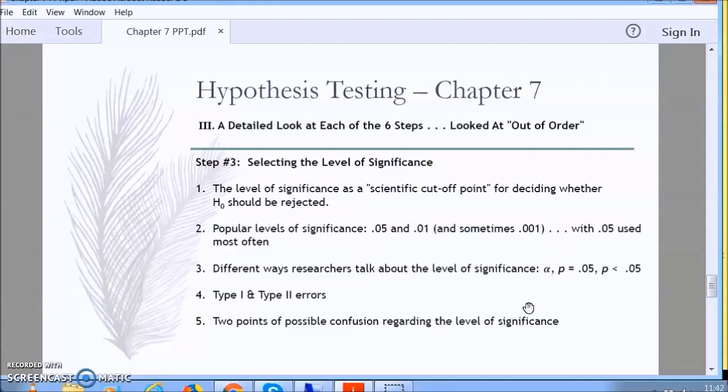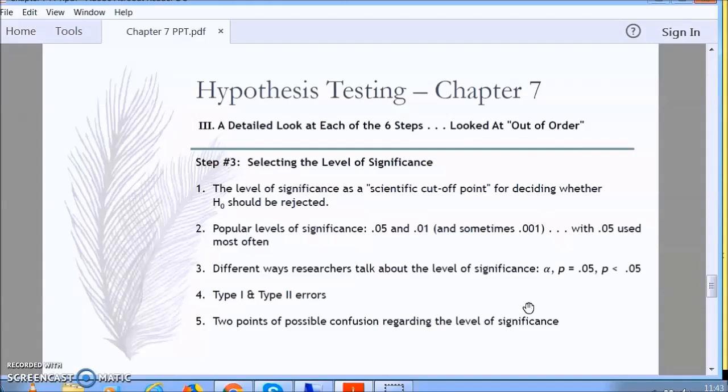So there is where the balance between type 1 and type 2 errors occurs, because type 1 error means you are rejecting the null hypothesis when it is true, but type 2 error is when you do not reject the null hypothesis and it is actually false.